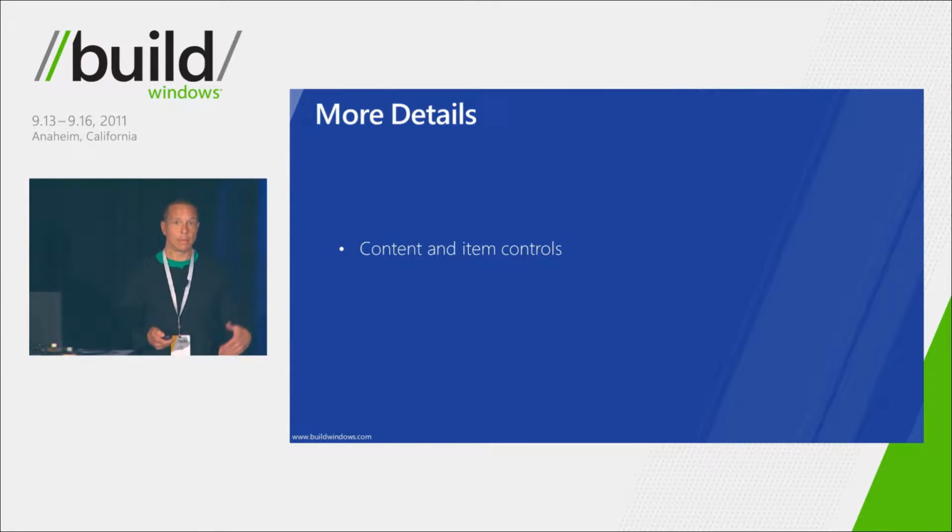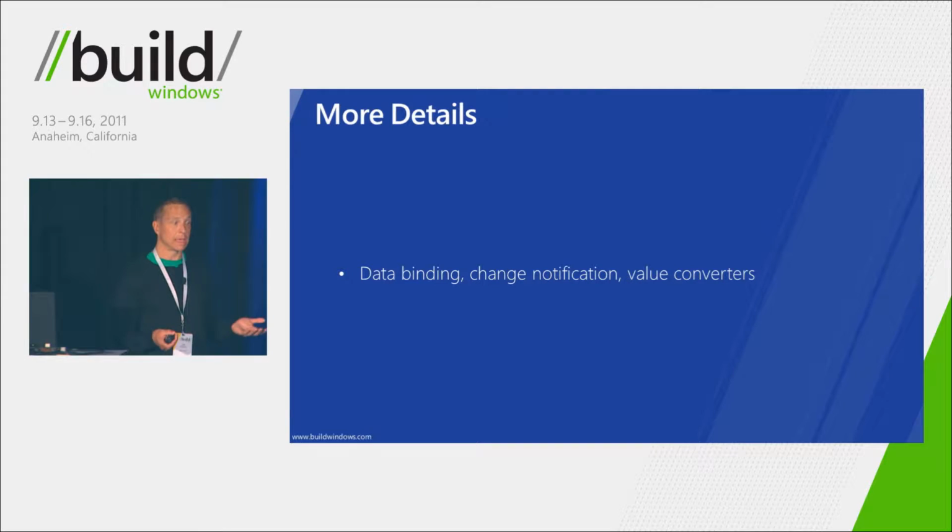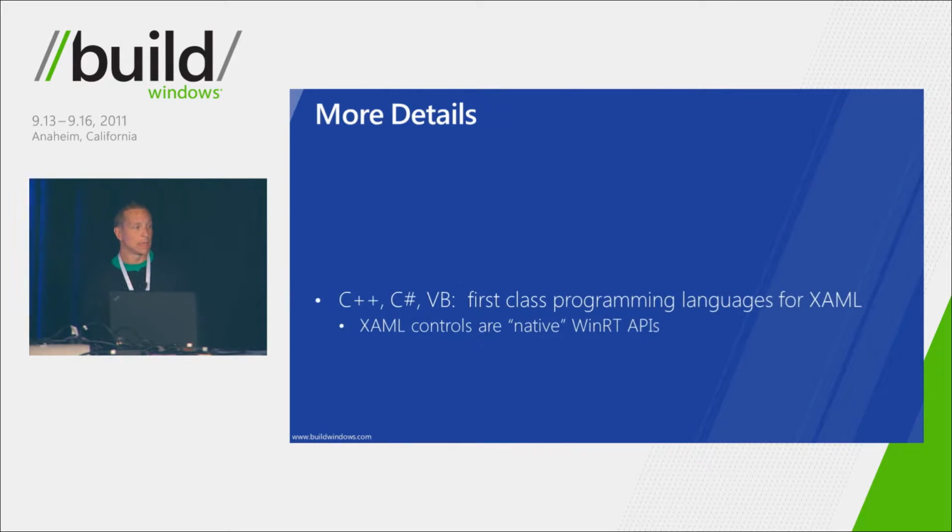You still have the same content model and items control model for doing data-bound list controls. The data binding system still works the same. In some cases, the differences are that it was just ported down to a native layer, but that's really the main thing you can think about: it's the same thing, just now native and shipping inbox on Windows 8.